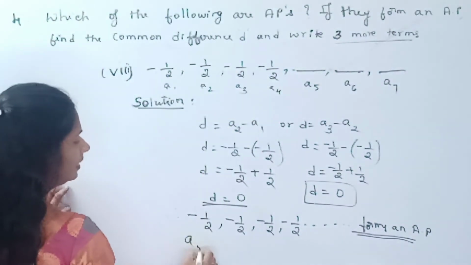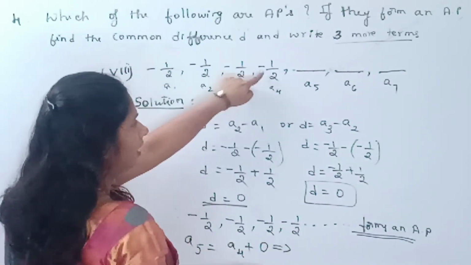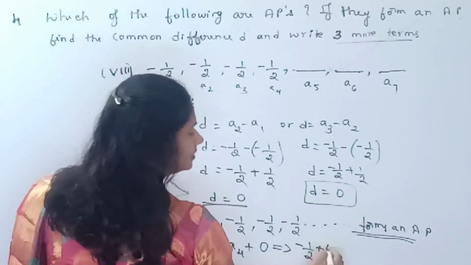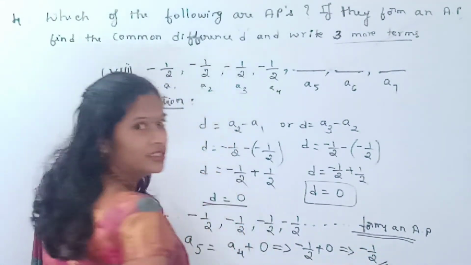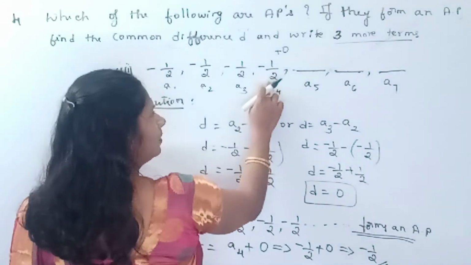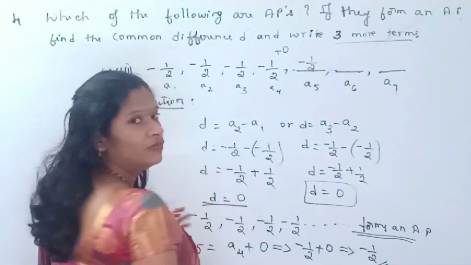So A5 equal to A4 plus 0. So what is the A4 value? -half. So what is the common difference? It is 0. So what is the 5th term? -half itself. If you add 0 to -half, you will be getting -half itself. That is our 5th term.